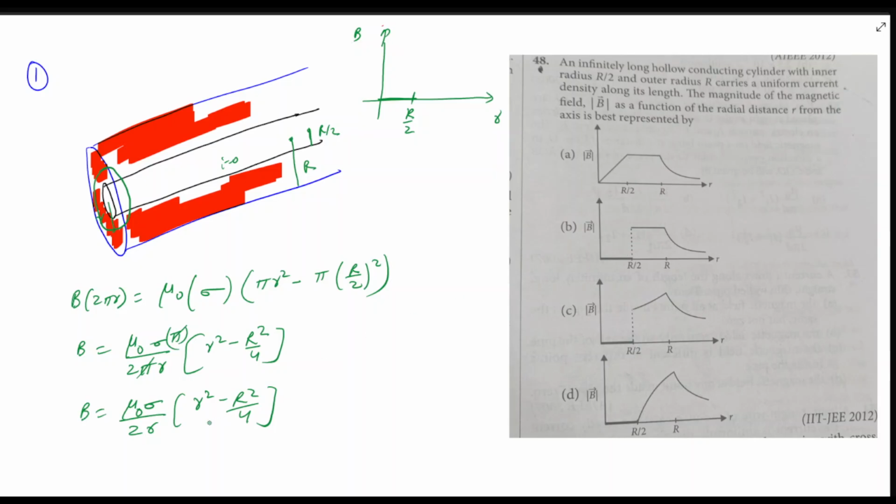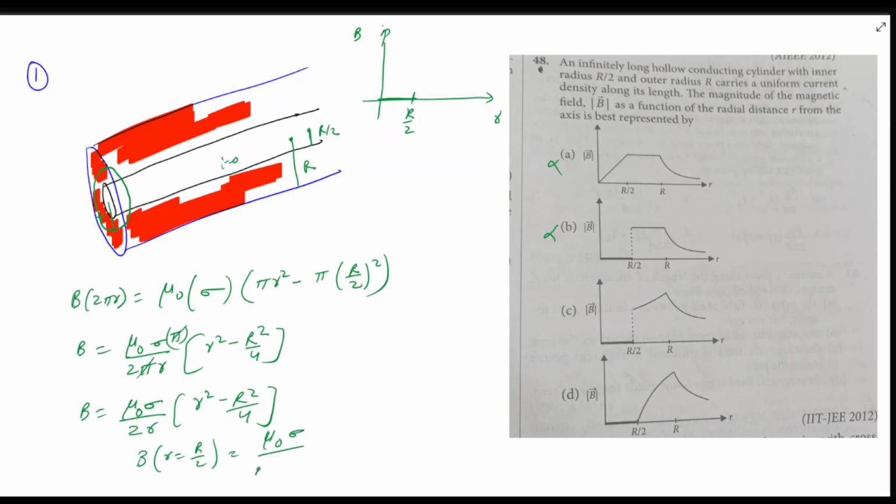So actually it is not linear, so option B is incorrect, and A was already incorrect because till R by 2 the magnetic field must be 0. So A is incorrect, B is also incorrect. For C and D we have to choose between these two. So let's put the value R by 2. Putting r equals R by 2, let's check how much the field will be.